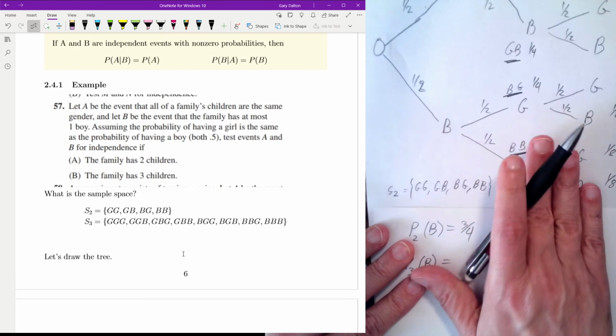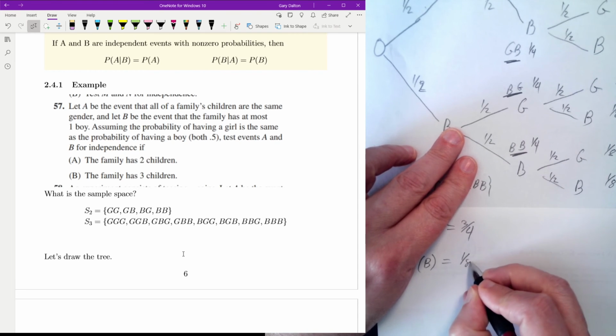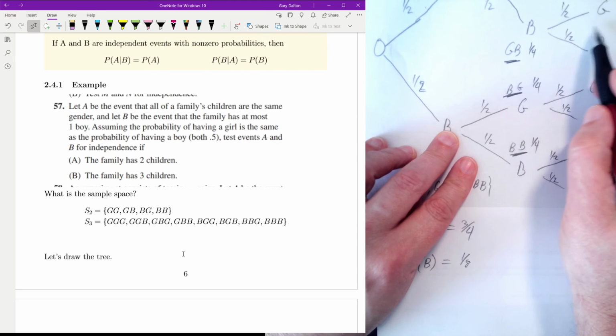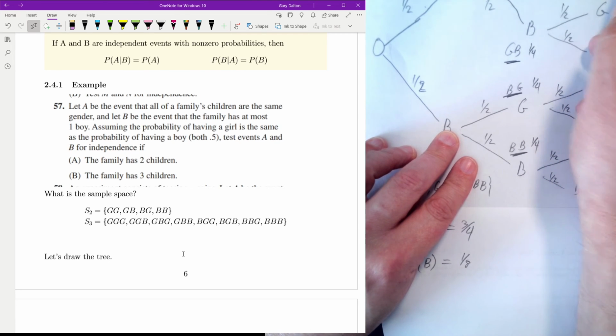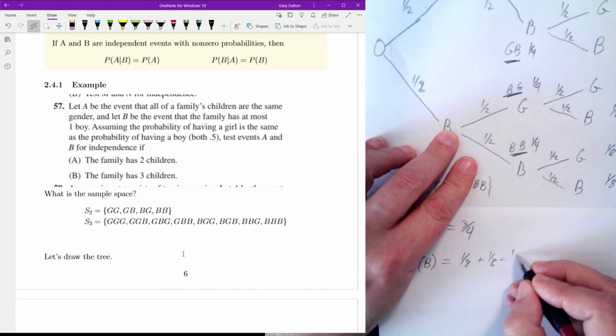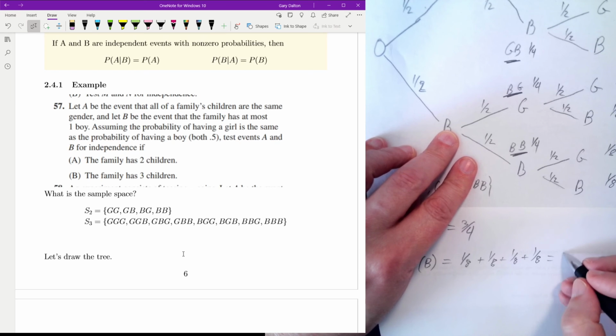Anything coming down here has 2. So take out this branch. So we've got 1/8, which is this one, and then we have 1/8 plus 1/8 plus 1/8, and that equals 1/2.